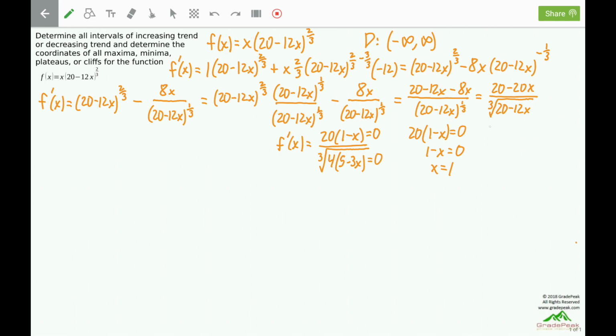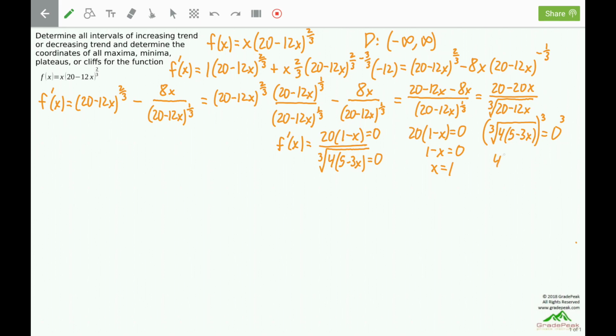And now working with the denominator, the cube root of 4 times (5 minus 3x) equals 0. We can cube both sides.